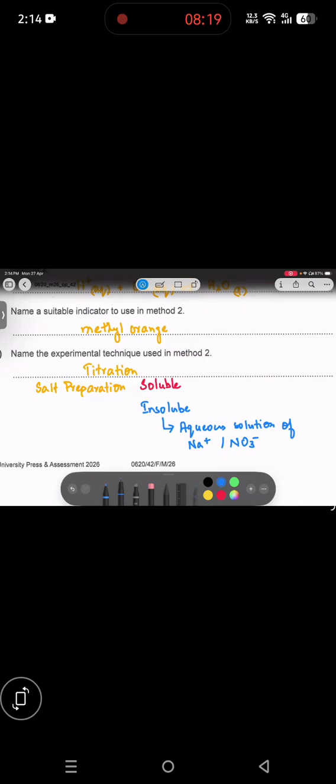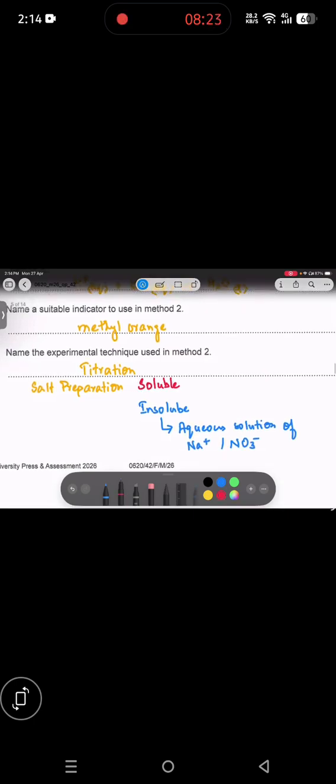Now for the soluble salt, if the salt is of sodium and potassium, the method you will use is titration.